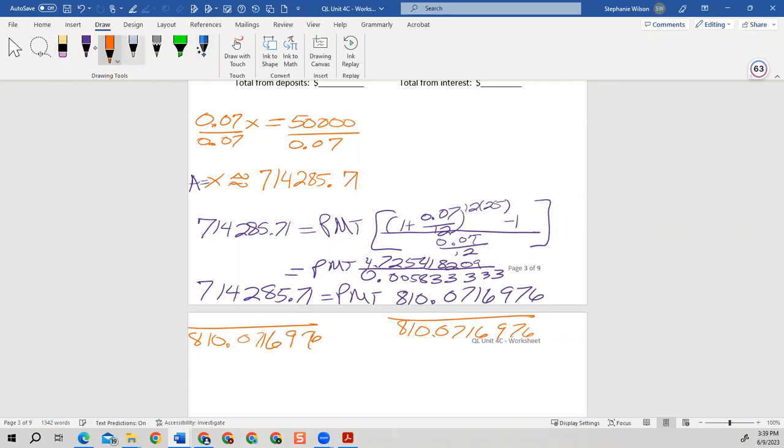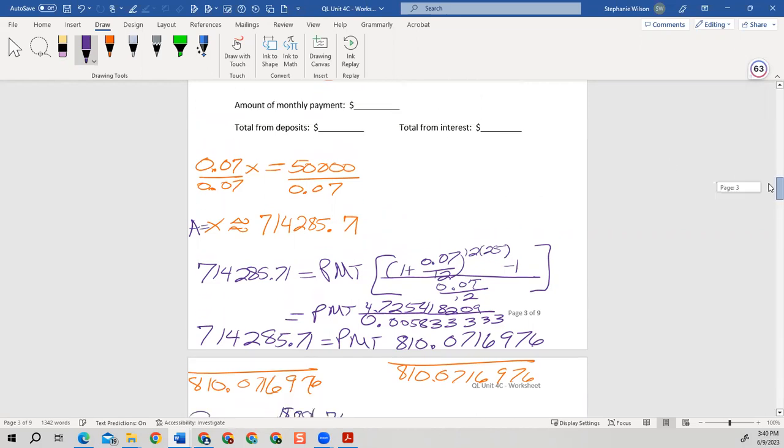So now I have my payments is equal to... I'm going to round to the nearest hundredths, 2 decimal places. Okay, that's my payment that I have to make each month.